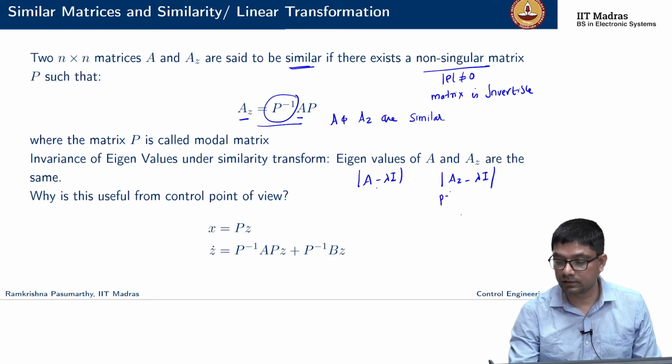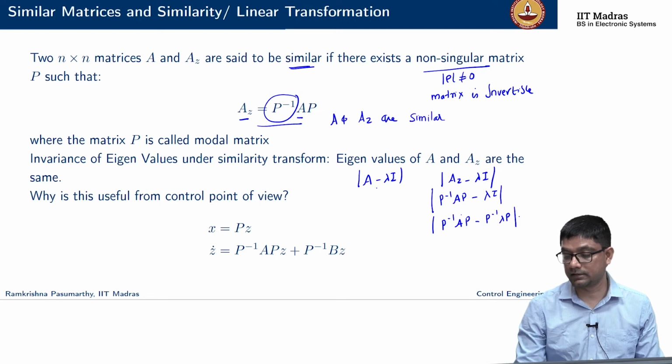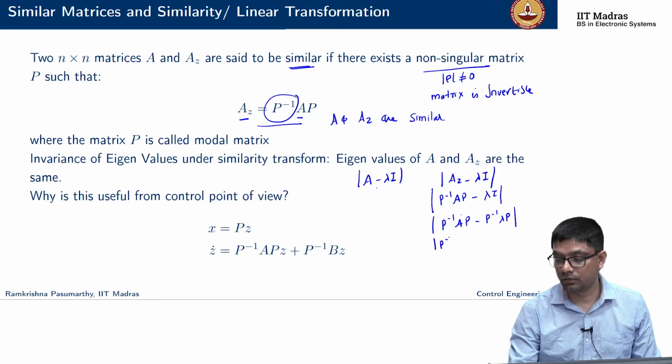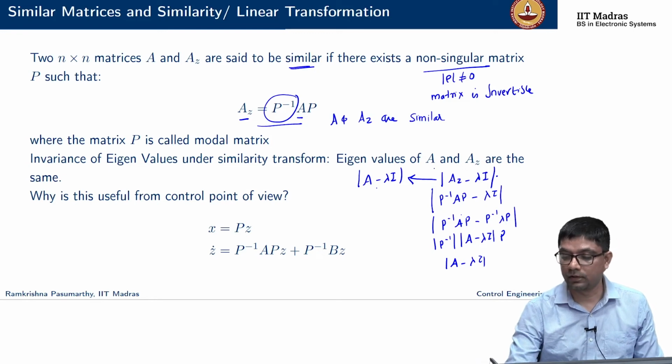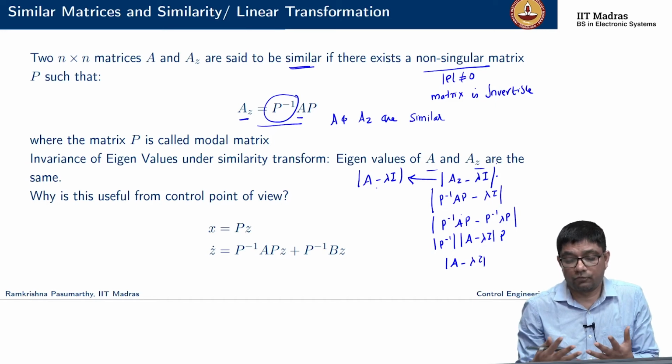This is P inverse A P minus lambda I. I can still write this as, I just left and right multiply lambda I by P inverse and P, nothing changes, which means now I can write P inverse, A minus lambda I, and P. P inverse and P go away, I'm left with A minus lambda I. So this gives me the same characteristic equation, and therefore eigenvalues of both A and AZ are the same.